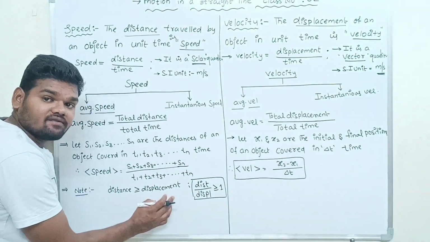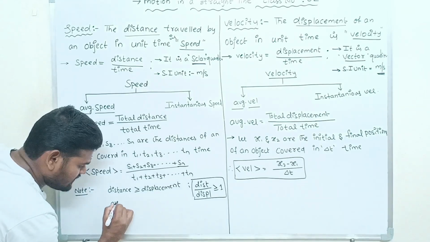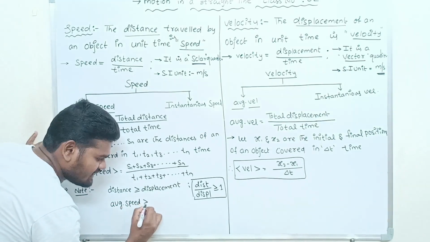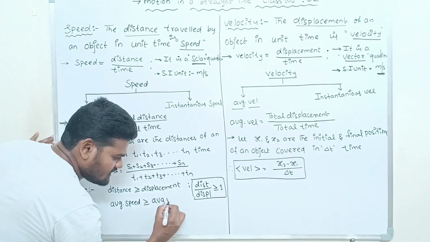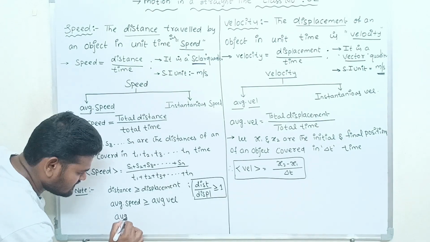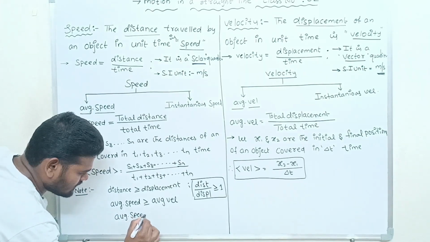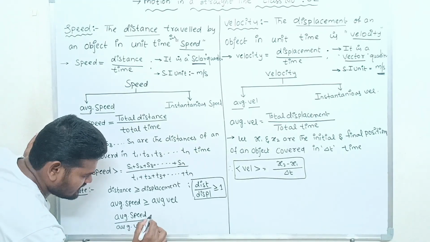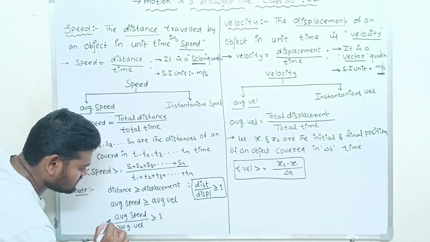So from this condition we can write the average speed is greater than or equal to average velocity, and it gives average speed divided by average velocity is greater than or equal to 1.